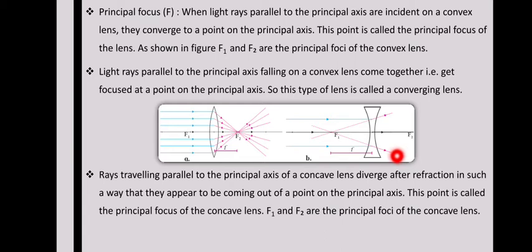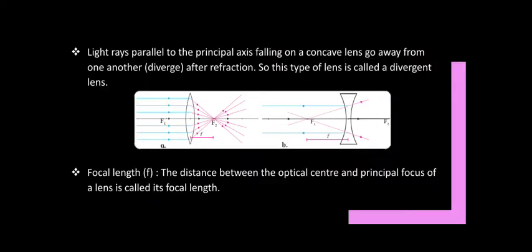So if you are standing here, you will think that the light is coming from this point. This point is called the principal focus of the concave lens, F1. F1 and F2 are the principal foci of the concave lens. Followed, students? Very good.